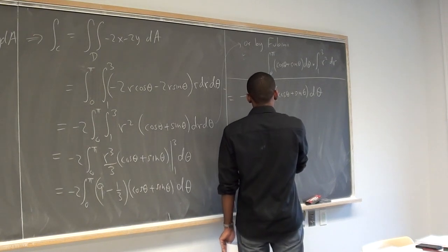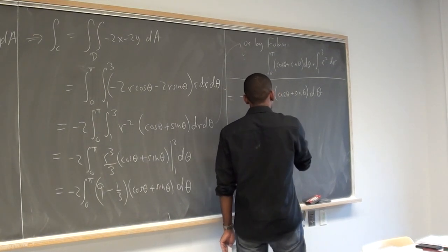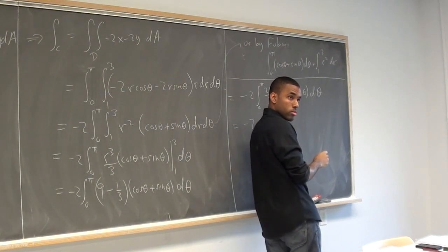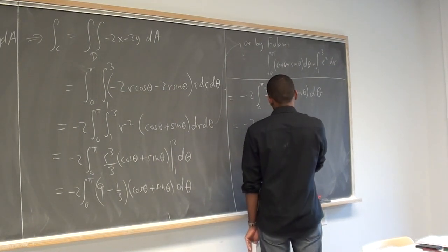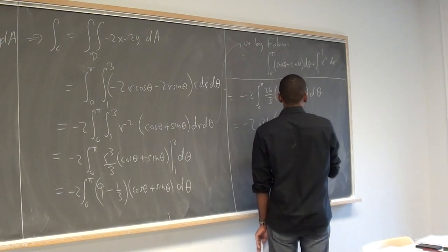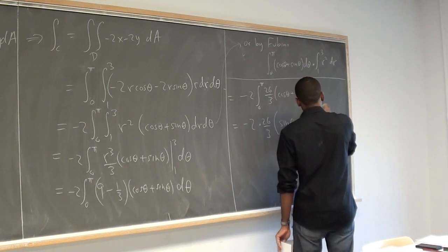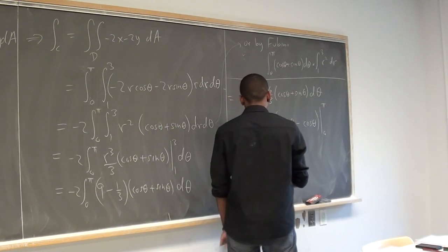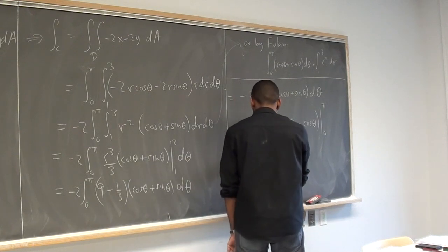And so we would have 26 over 3 times the integral of cosine, which is positive sine. Integral of sine is negative cosine, so minus cosine. Okay, so this 2 times 26 is 52.